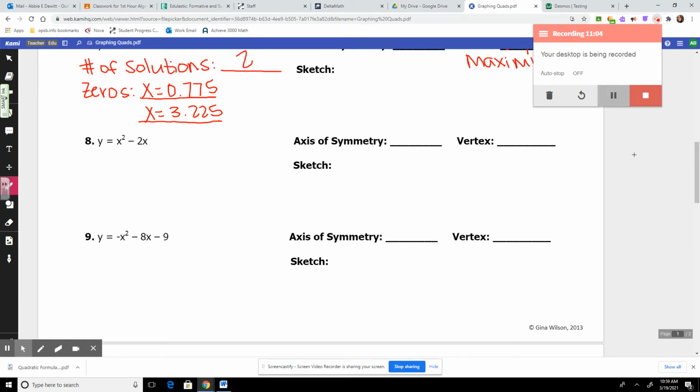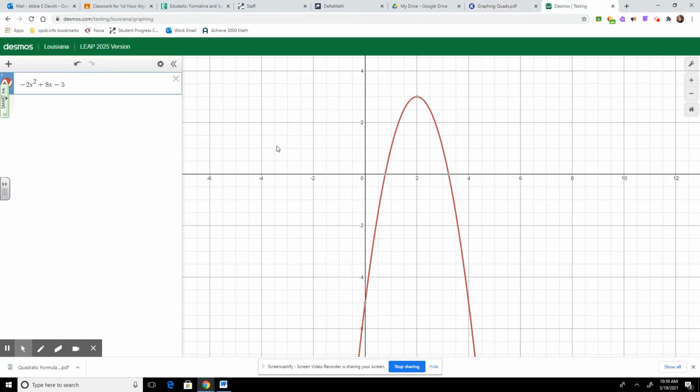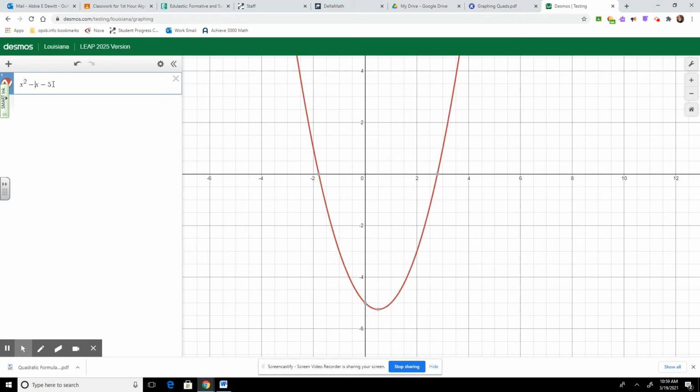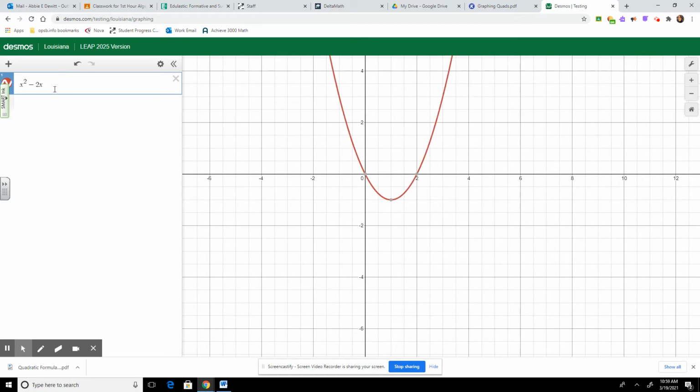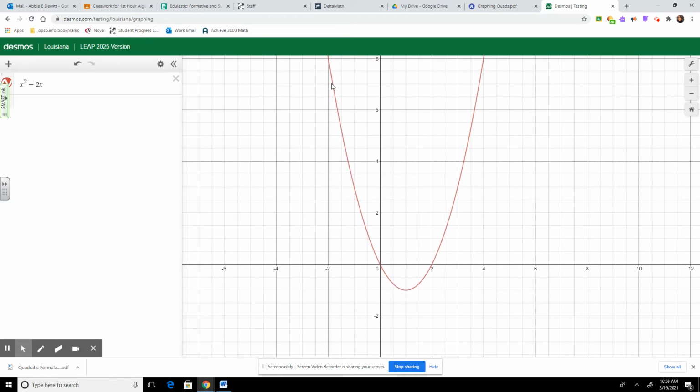Okay, on number 8, y equals x squared minus 2x. We are going to go to Desmos, type in x squared, change that positive 8 to minus 2x and take off the negative 5, or you can just exit and retype it all in. X squared minus 2x, you'll see the parabola is now opening upward.